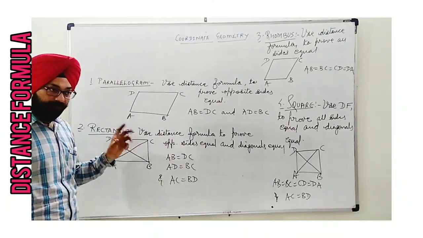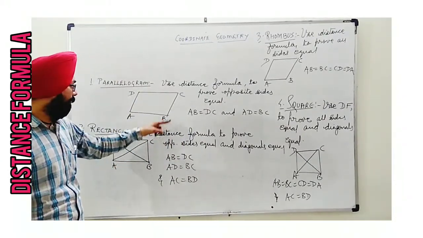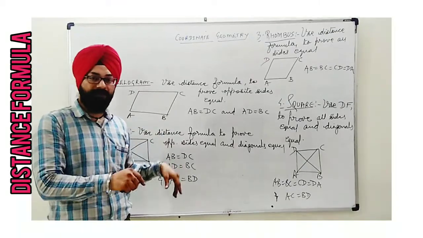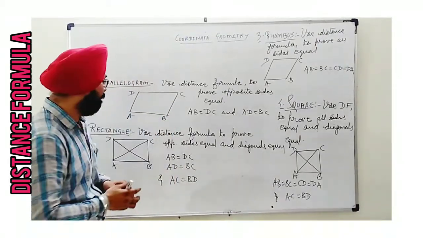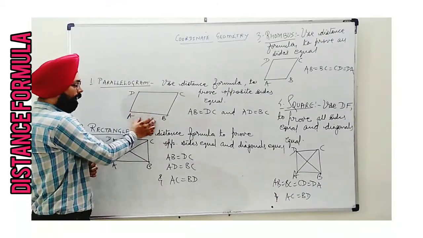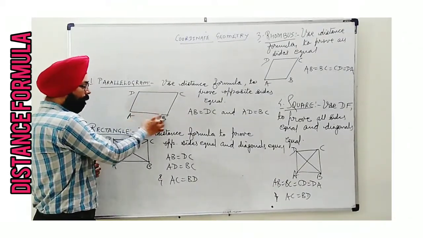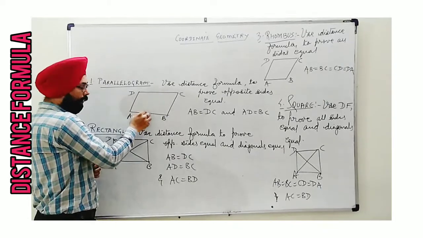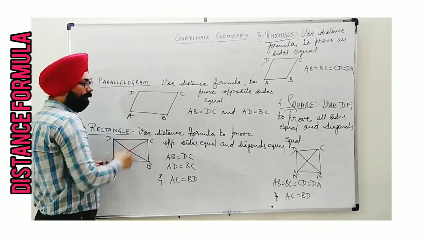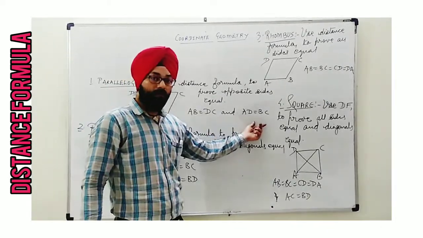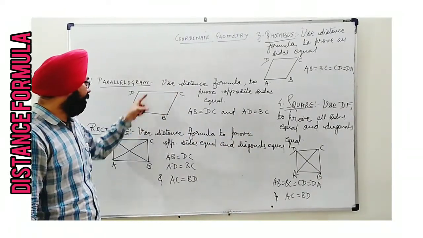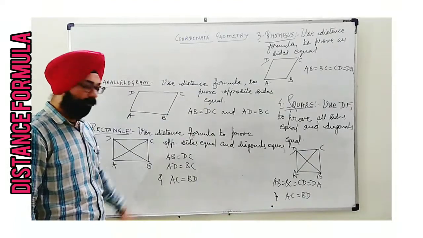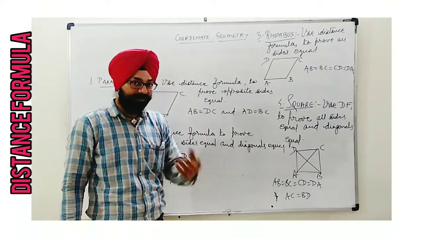Take care, if vertices are given in sequence like A, B, C, D, then drawing a rough sketch you need to know the names of opposite sides. Here in this figure, AB and DC are opposite, so by distance they should be equal. And AD and BC must also be equal by distance. So these two things we have to prove. So the distance formula will be applied 4 times, as we are finding 4 lengths here.